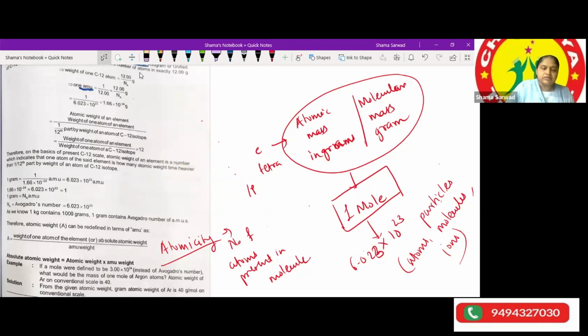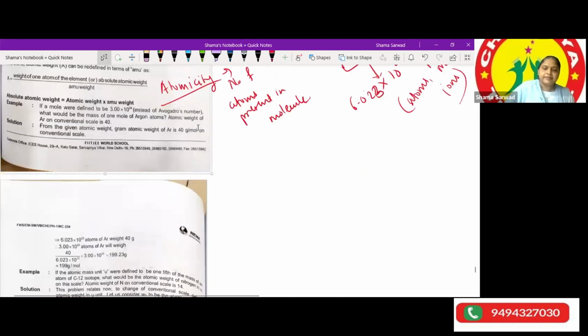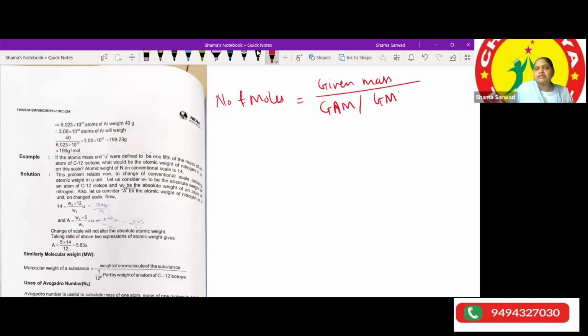I'll give you a few formulae that you need to write down. Number of moles of any substance is equal to given mass upon gram atomic mass or gram molar mass.